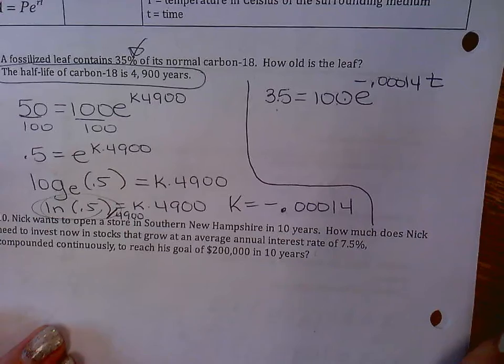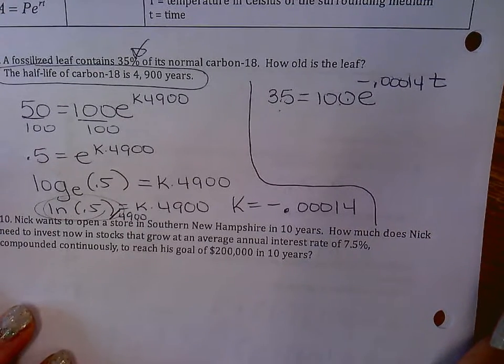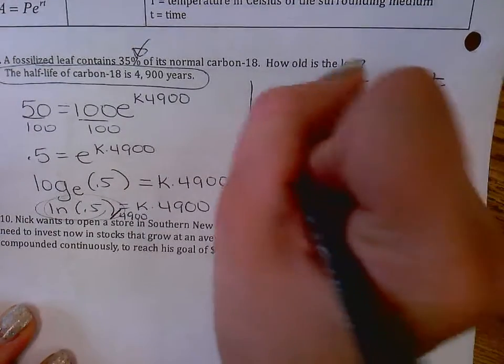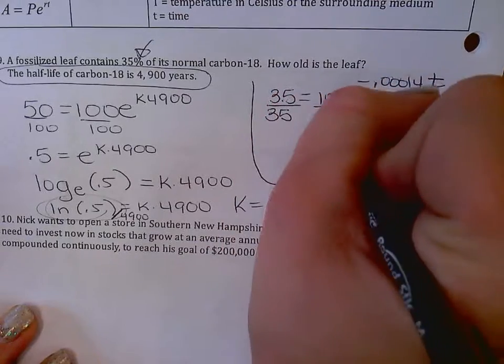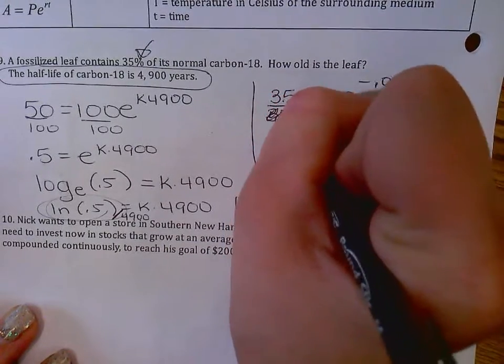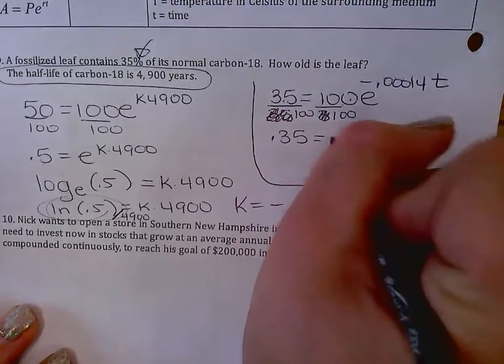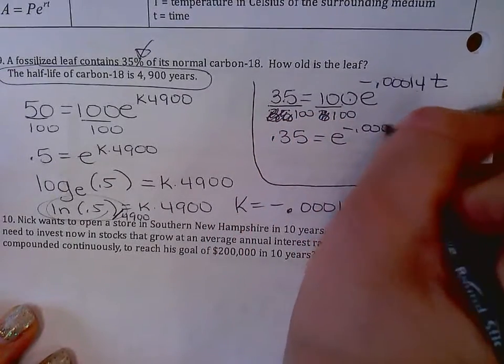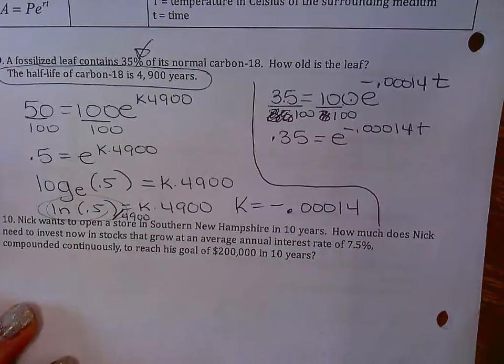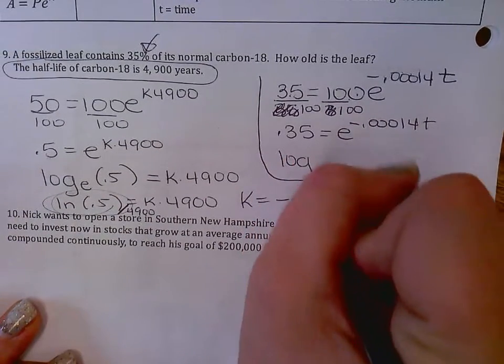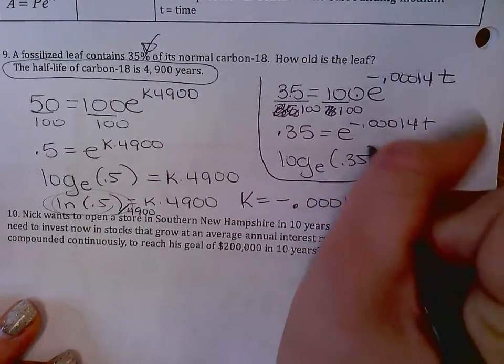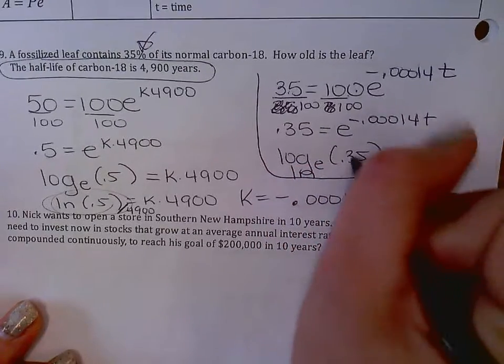So if I were you, I would pause the video and see if you can solve for T. So I'm going to divide by 35, divide by 100 on both sides. So 0.35 equals E to the KT. I'm going to change into log form, which is the same as taking the natural log.